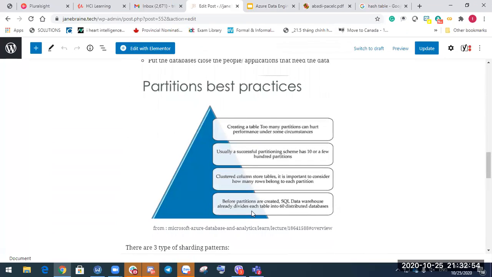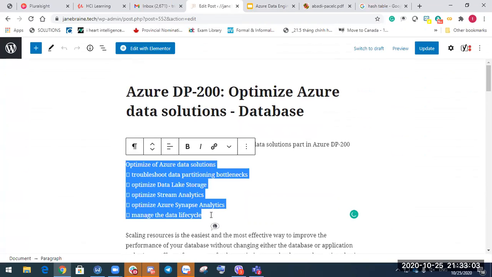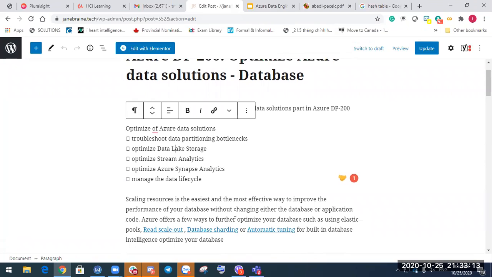But I want to go to the best practice for sharding, because this is part of the Azure DP 200. It will ask you about different data solutions and how to optimize them. Sharding is one of the key areas to optimize data, and it's also a very transferable skill.